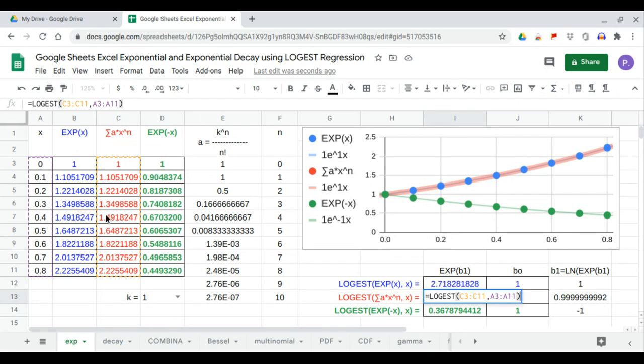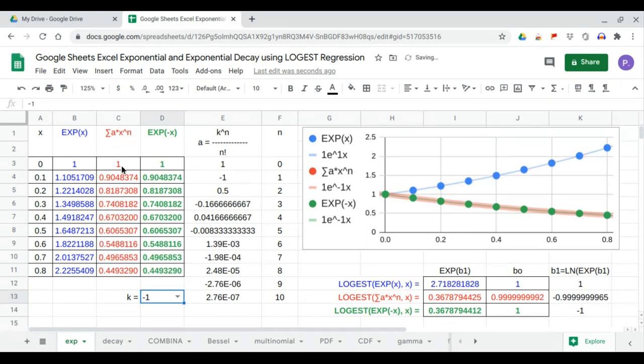So if k equals 1, these two data sets are the same, meaning the red line is on the blue data set or the blue line. So their coefficients are the same. If we change k to negative 1, the data set of the red line is now on the green line.